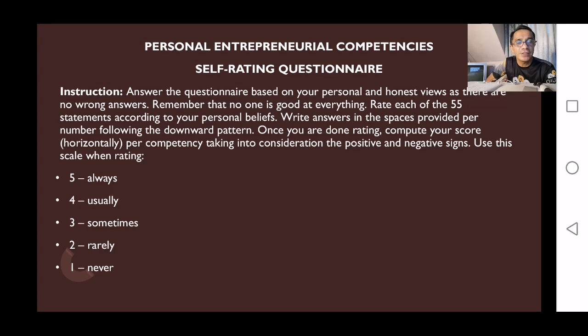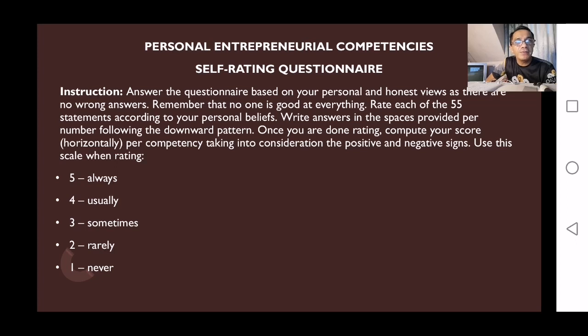Don't worry. Remember that no one is good at everything. Siyempre, lalo na sa stage ninyo ngayon, estudyante pa lang kayo. Pero yun nga gusto nating ma-develop, gusto nating mahasa. Baka meron naman sa inyo na talagang nandun yung possibility na maging good entrepreneur.